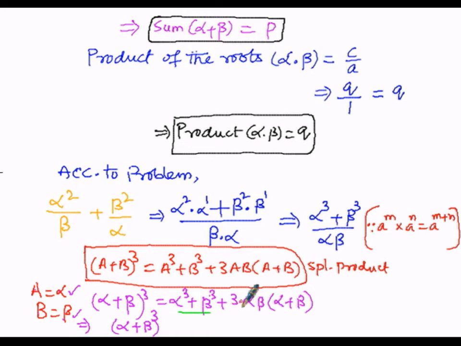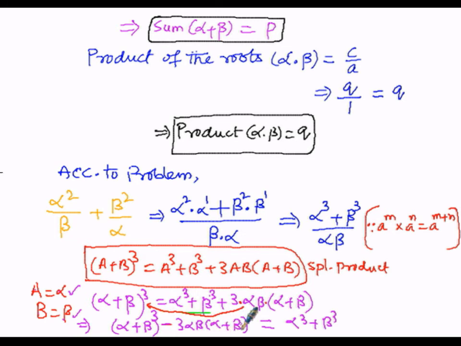When this total term is transposed over to the left hand side, plus becomes minus of 3 alpha beta into alpha plus beta. Then that equals alpha cube plus beta cube, which is left over on the other hand. So in this manner we got alpha cube plus beta cube is equal to alpha plus beta whole cube minus 3 alpha beta into alpha plus beta.